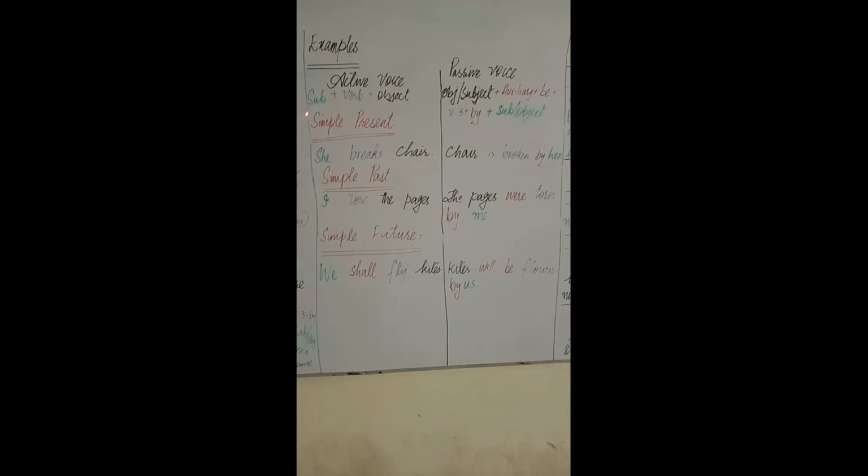So the first tense we are going to take into consideration is the simple present tense. We also call it present indefinite tense. We know that it takes subject plus verb's first form.